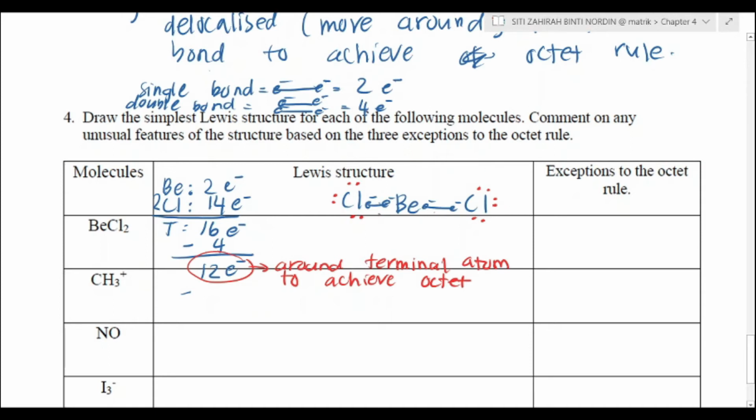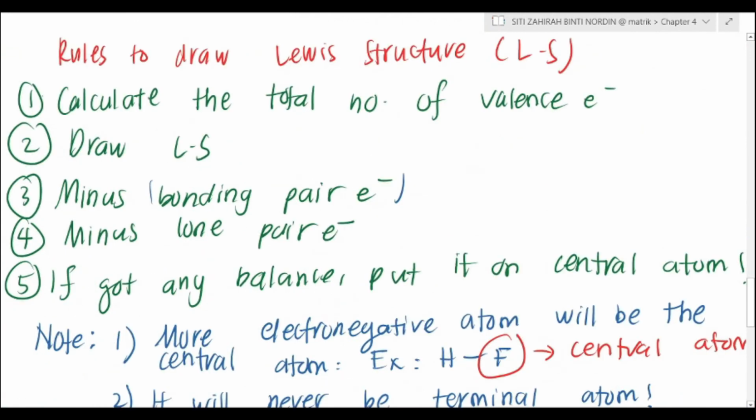So 12 electrons. So these 12 electrons are already filled in around the terminal atoms for the Cl to achieve octet. So minus 12 electrons, so 0. Do we have any valence left? No. So we are already done at the third step.